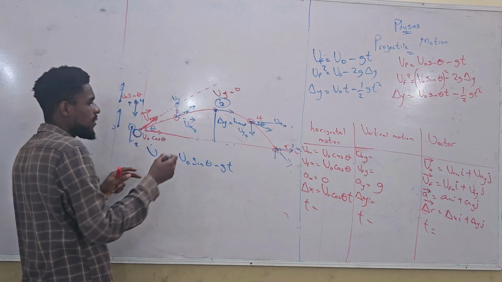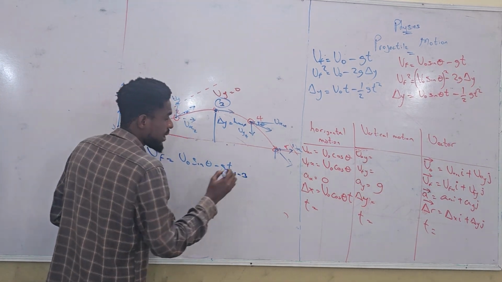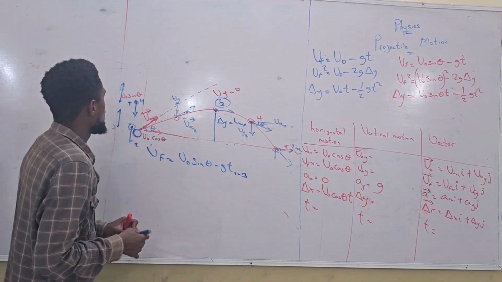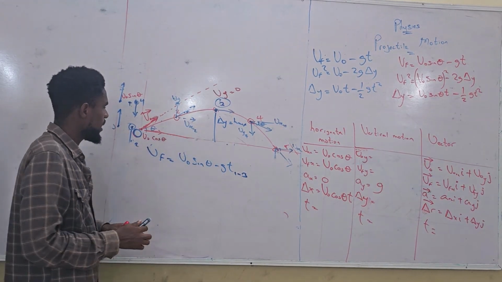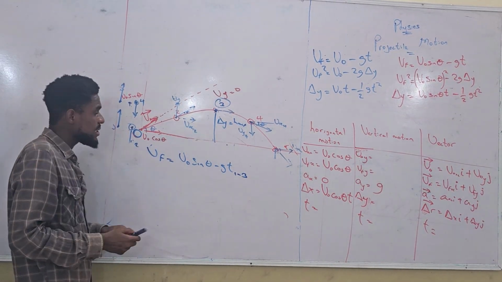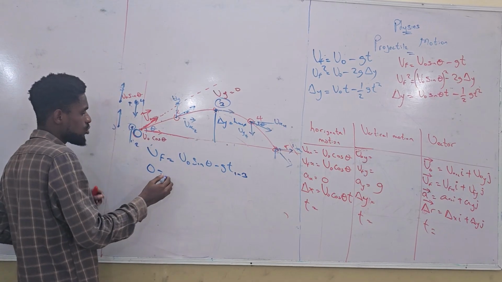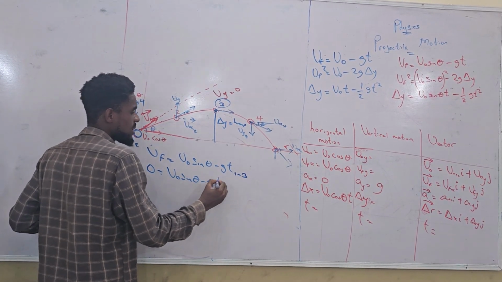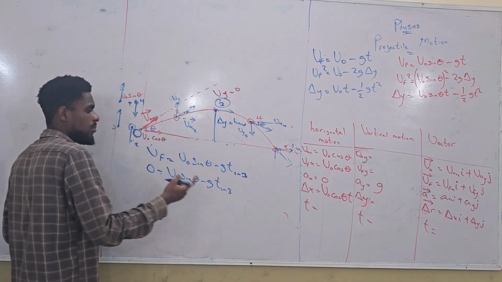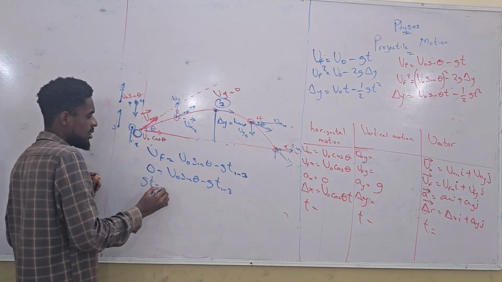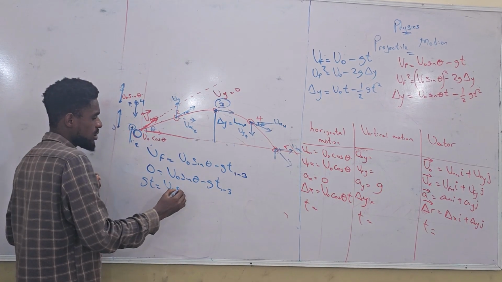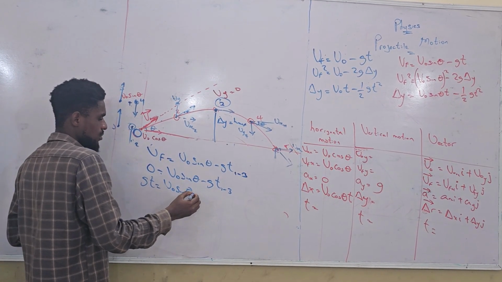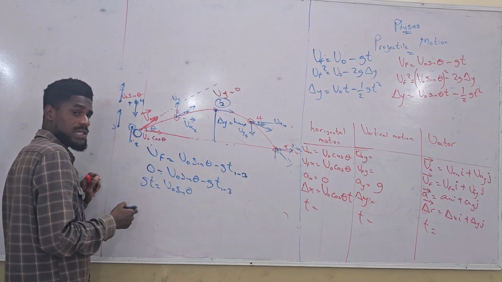So V final from 1 to 3, I can write 1 to 3 here. V final here is equal to 0. So I can say 0 is equal to V naught sine theta minus G t from 1 to 3. Bring this to this side, we have G t is equal to V naught sine theta. And then make t the subject of the formula.